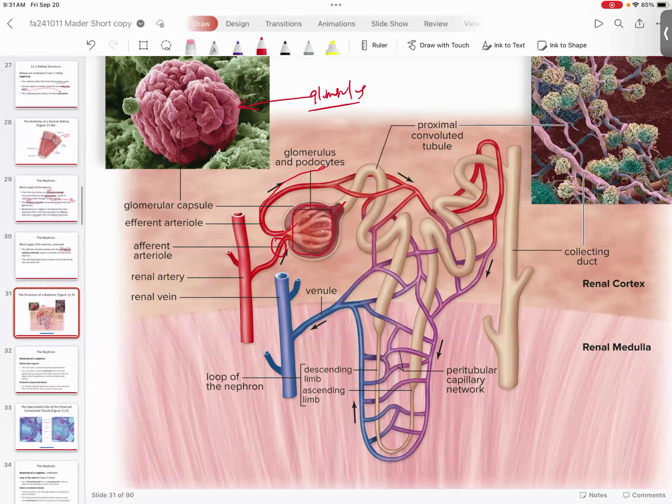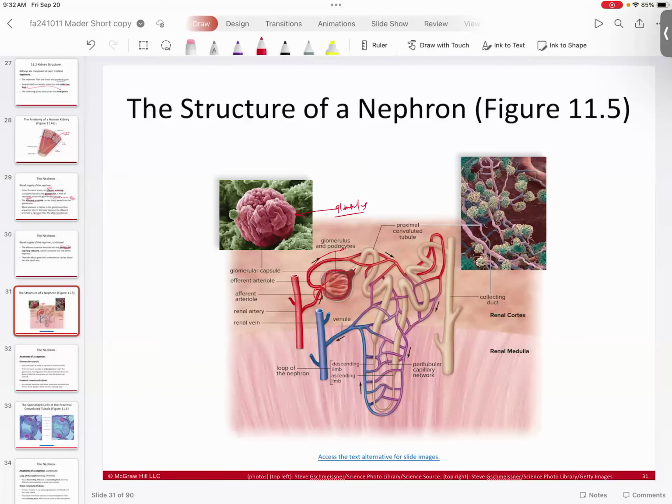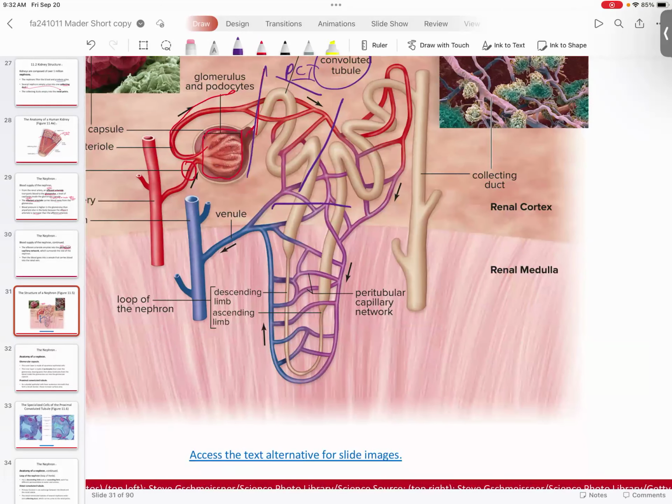Now, there's a couple of different pieces that you can see here of this tubular system. It's broken up into proximal regions. So basically, you have your proximal convoluted tubule here, which is the PCT. And then you have your loop of Henle, which is down here. This is basically a nephron loop, or the loop of Henle.